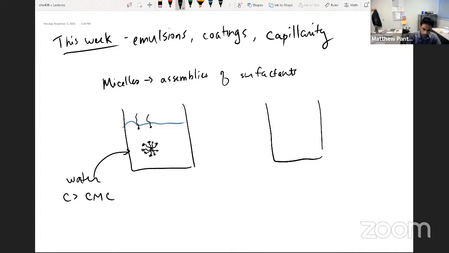But what if we put surfactants in some other phase like oil? So in this case, the hydrophilic heads would not want to interact with the oil, and the hydrophobic tails would chemically be very much like the oil, and you would see the opposite sort of structure take place, where these heads group together.